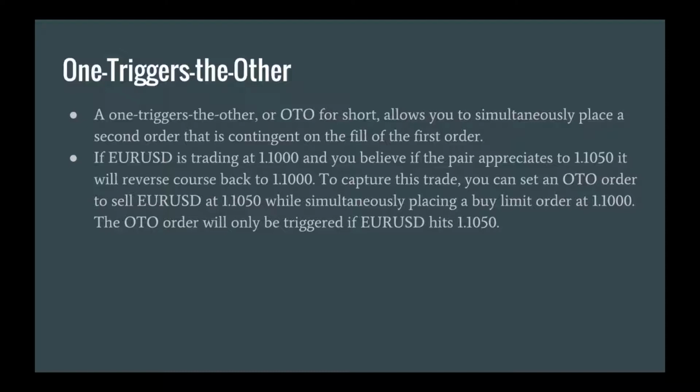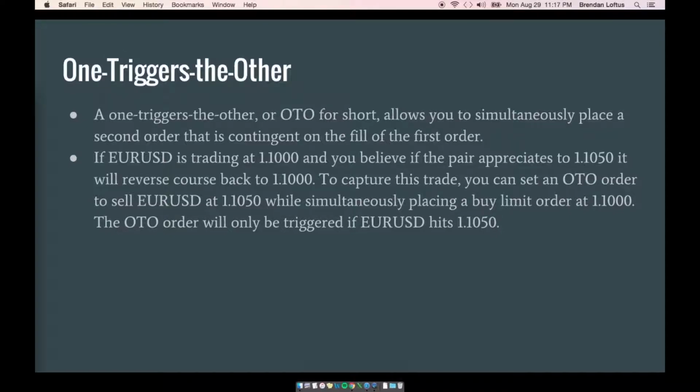So for example, if the euro dollar is trading at 1.1000 and you believe if the pair appreciates to 1.1050, it will reverse course back to 1.1000, to capture this trade, you can set an OTO order to sell euro dollar at 1.1050 while simultaneously placing a buy limit order at 1.1000. The OTO order will only be triggered if euro dollar hits 1.1050.